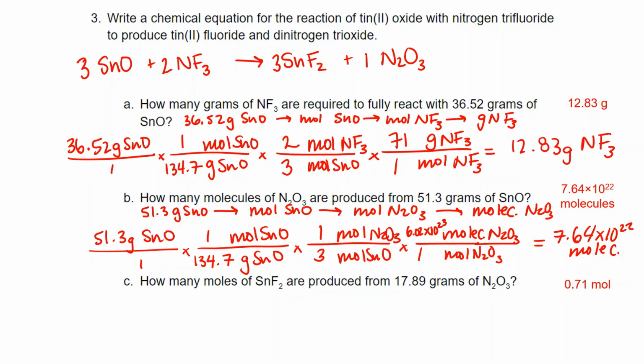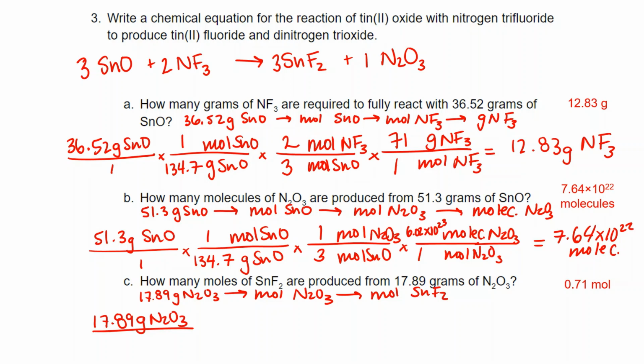The last one, we're just looking for moles. So we're starting with the 17.89 grams of N2O3. Going to convert that into moles of N2O3, and then convert that into moles of SnF2. So starting with my 17.89 grams of N2O3, first step is going to be to change grams of N2O3 into moles.